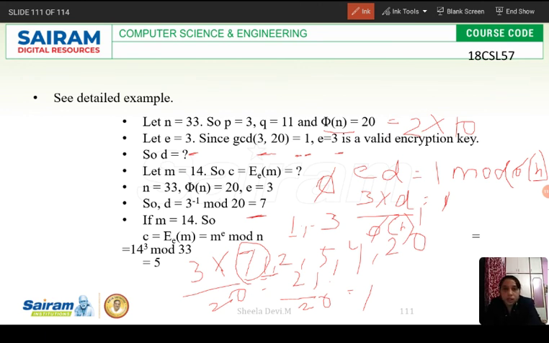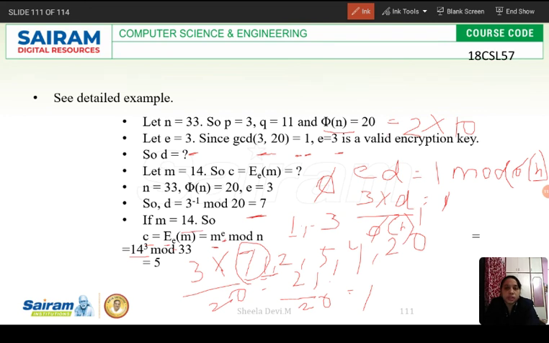Next, we said already in the previous slide that the message is 14. If I convert the block into decimal, I get 14. So how to encrypt the data? The formula is C is equal to the message raised to E, mod n. The message is 14, and E is 3.